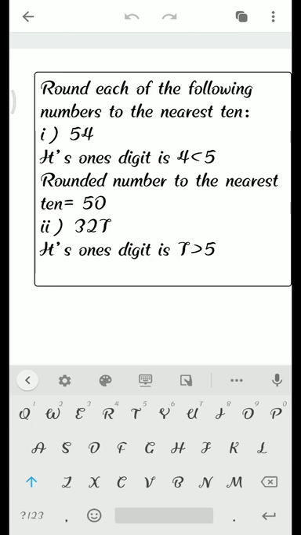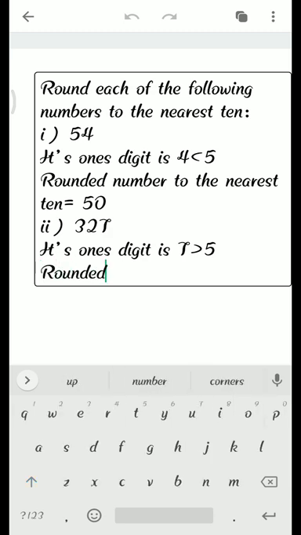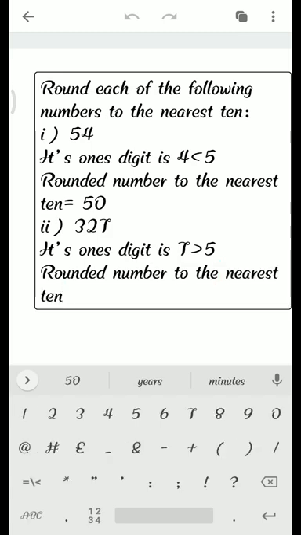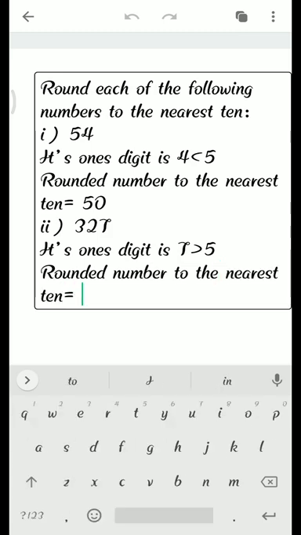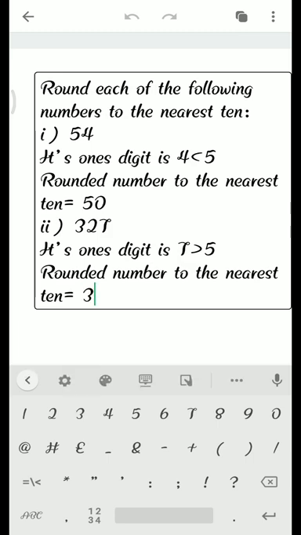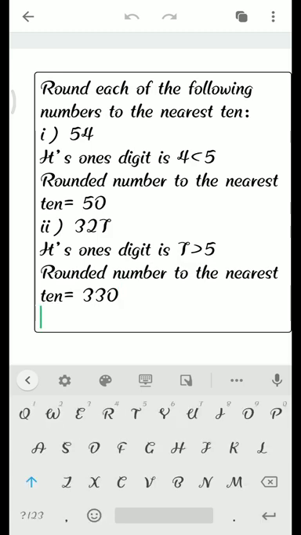If my number at the ones place is more than 5, then we have to add a 1 in my 10th place. So the rounded number to the nearest 10: the first number will be as it is, that's my 100th place. At my 10th place, the number is 2, so we add a 1 in that. That will become 3. And the ones place number will become 0. I hope you are understanding.